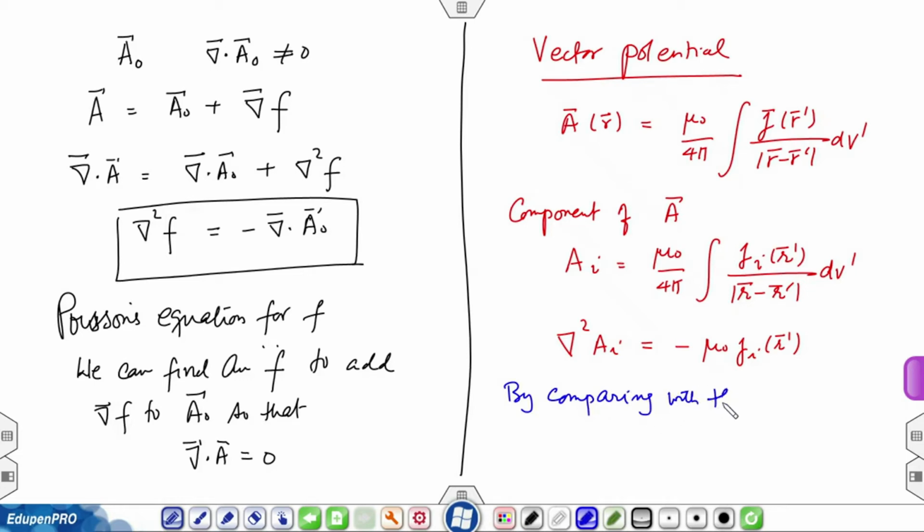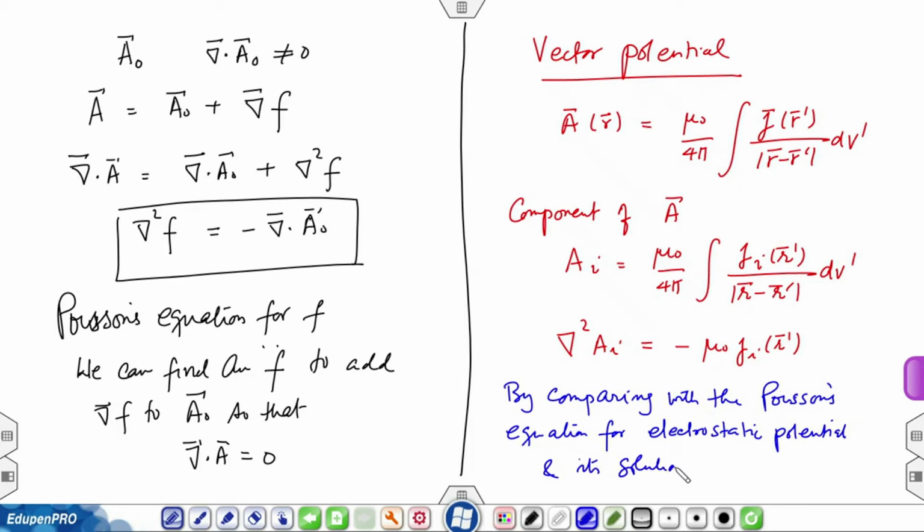You can see that easily by comparing with the Poisson's equation for electrostatic potential and its solution in free space.